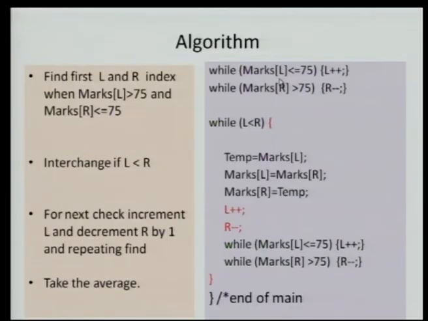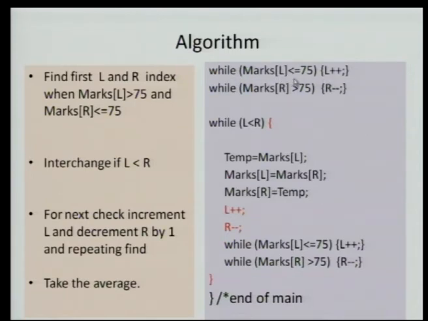So what we do then, look into the algorithm please. Find first the left and right indexes when marks left is greater than 75 and marks right is less than 75. This was the operation which we did. We just explained that. And this was the while loop which I just explained to you.